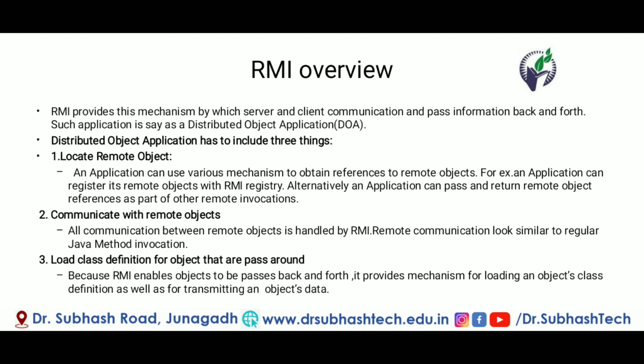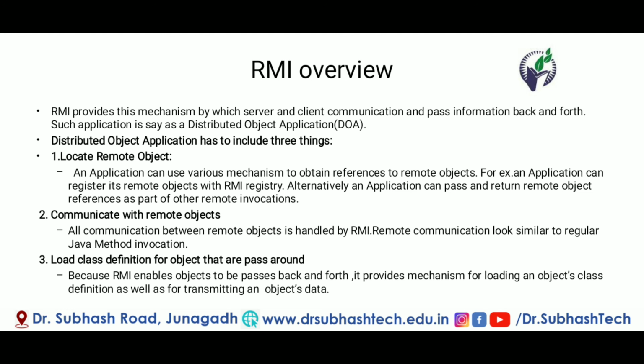You just have to call that function and pass the parameters appropriately. Then it is executed, and the result is returned back to the system. This is the basic method invocation done by any program, and the same thing is performed in RMI.